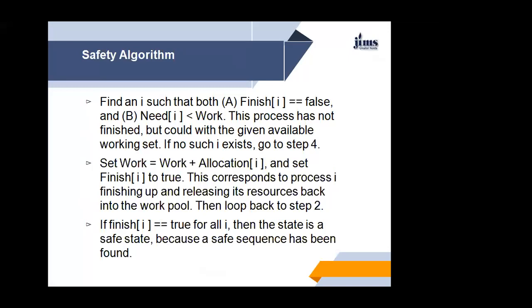In the third step, we set work equals work plus allocation, finish[i] equals true, and then go to step 2. In the fourth step, if finish[i] equals true for all i, then the system is in a safe state. This algorithm may require an order of m times n squared operations to decide whether a state is safe or not.